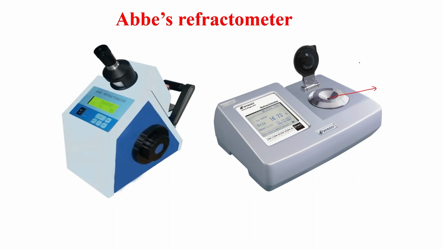Here we make use of ATC, that is, automatic temperature compensation, which maintains the liquid at a particular temperature. For ghee, we know that the BR reading is always taken at 40 degrees Celsius, so that temperature can be maintained using ATC in the digital refractometer, and through water circulation in the case of the Abbe refractometer.